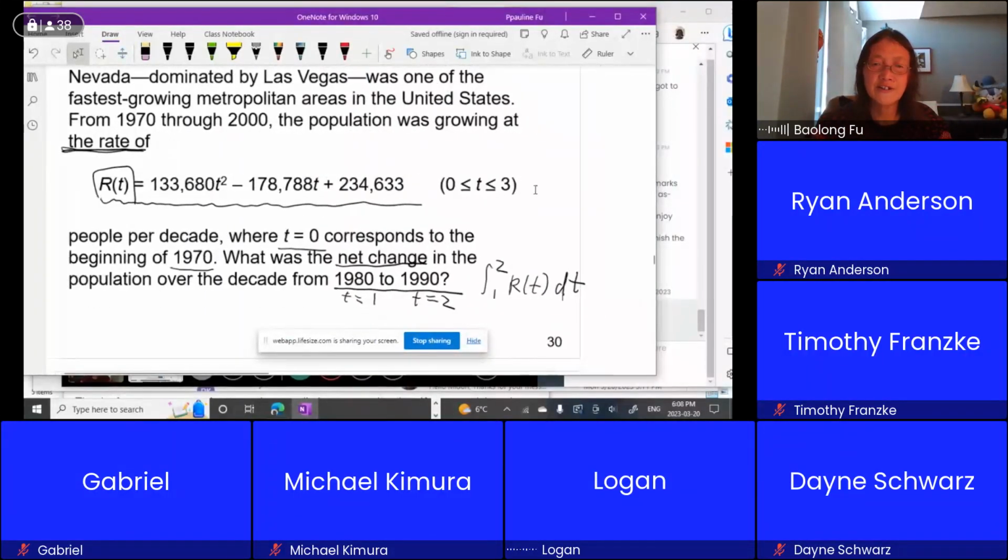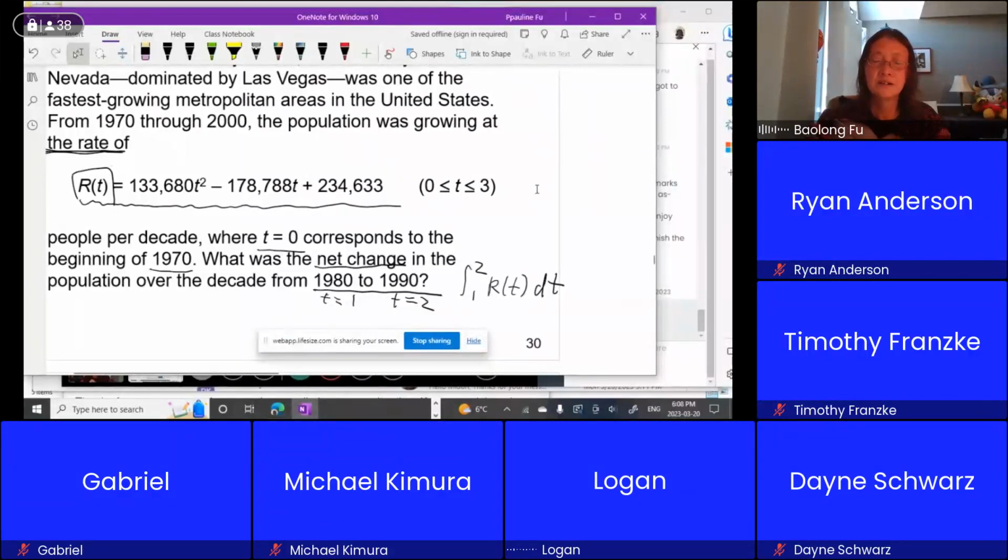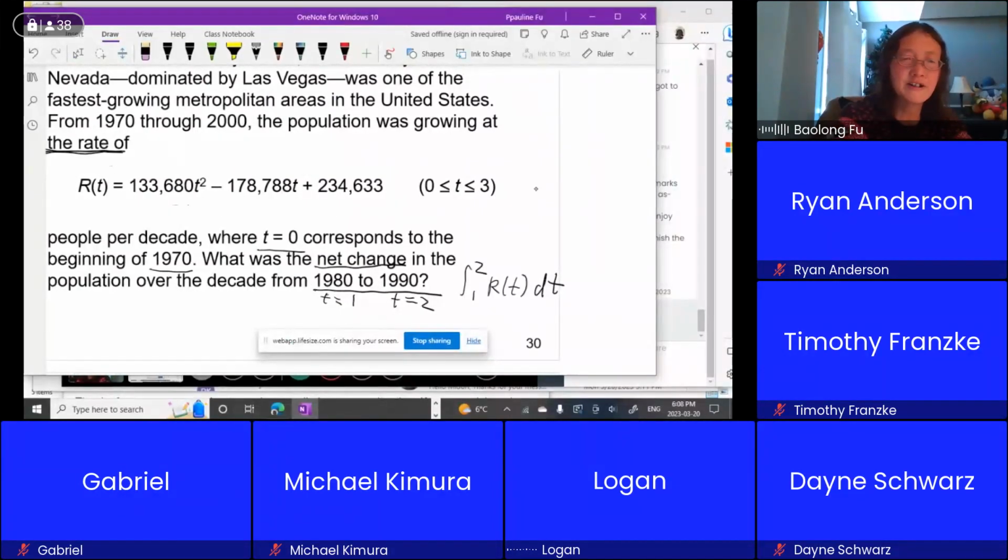Okay, so now let's solve this question. We just need to evaluate the integral of R(t) from 1 to 2.